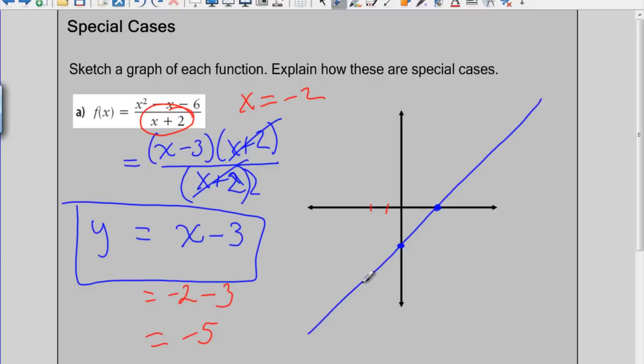So the coordinate point right here at negative 2 and negative 5 actually doesn't exist. And so what we do is we draw a little open circle to indicate that the function is discontinuous at that point. And this is called a hole in the function.